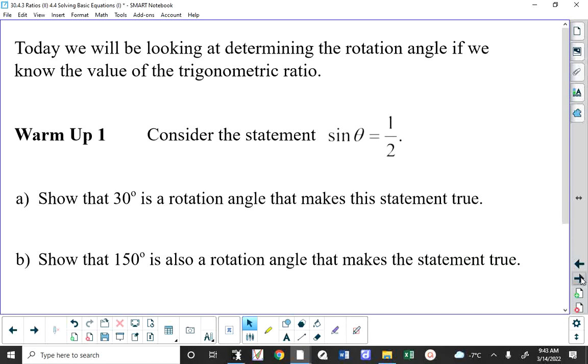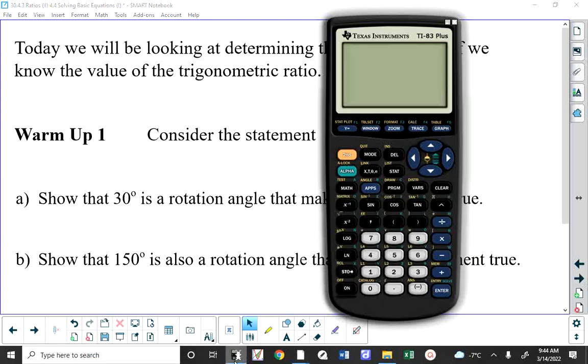So consider this statement: sine of theta equals 1/2. Show that 30 degrees is a rotation angle that makes it true. Well, how do we do that? We could put our calculator into degree mode and take the sine of 30 degrees. It's equal to 0.5, so 30 degrees is an angle that makes that equation true.